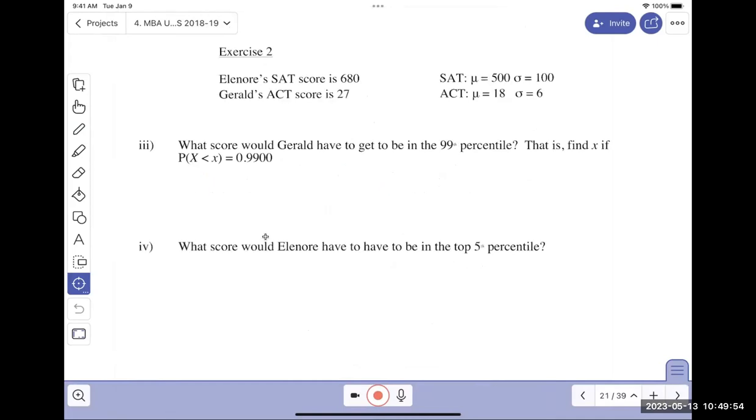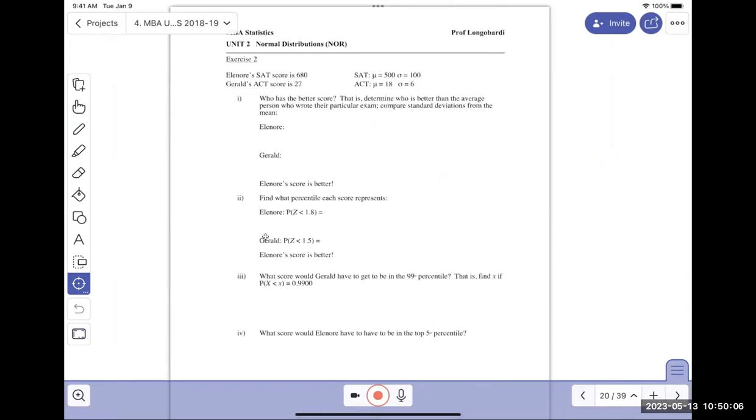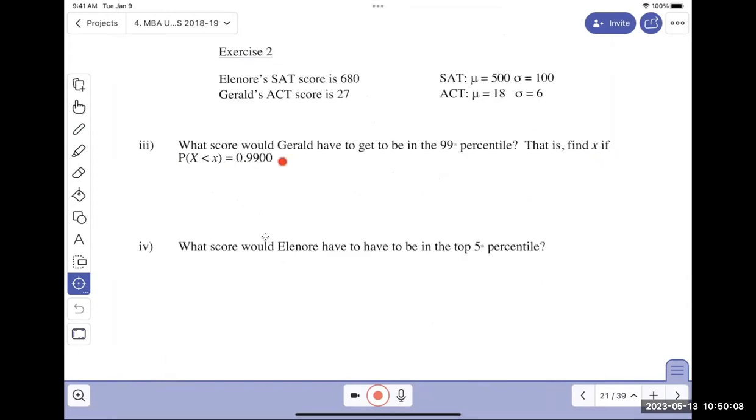So what score would Gerald have to get to be in the 99th percentile? Find the value of the grade that he would have to have, or the score. So now the symbol I'm going to write is this, and I put X's in, okay, not Z's, because that's talking about the original data.